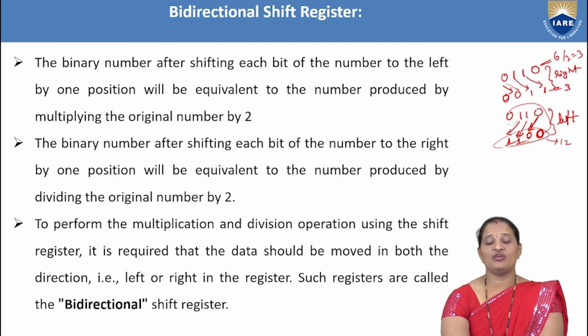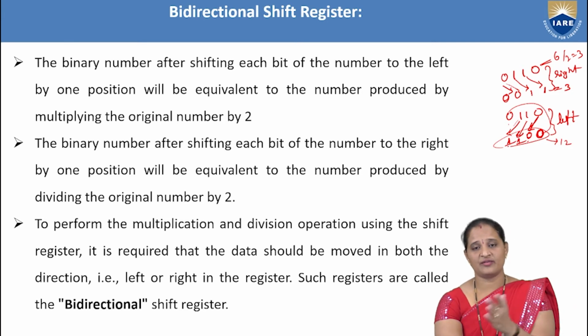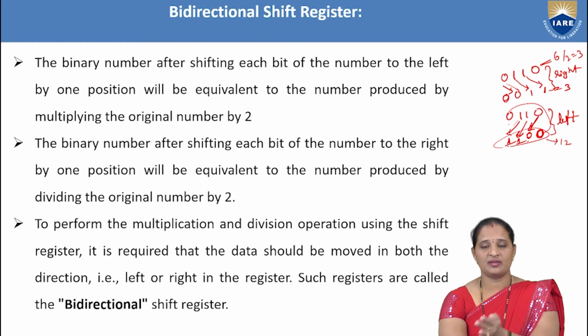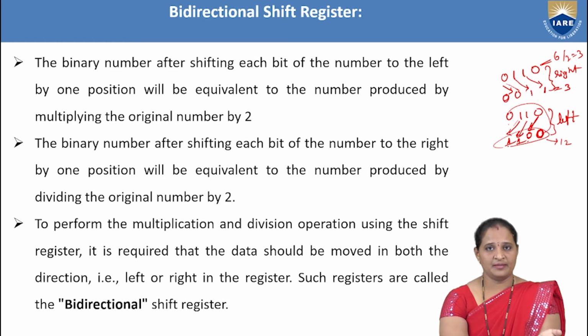So in order to perform arithmetic operations such as multiplication and division, we will be using the shift register. We need to shift the data either to the left or to the right. If you are shifting to the left, then we can perform the multiplication operation.